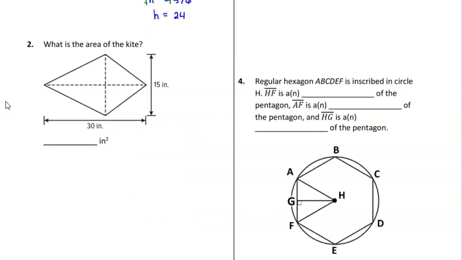For number two, it's asking us for the area of a kite. This is one of the things that you probably need to add to your reference sheet. We could think of this as triangles, and these are all 90 degrees by the way. This piece would be equal to this piece is equal to this piece.